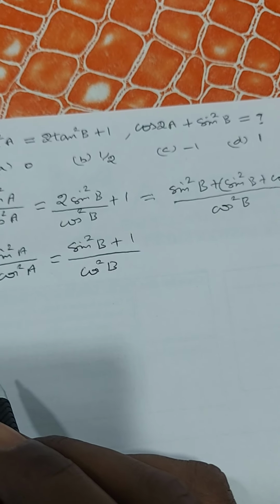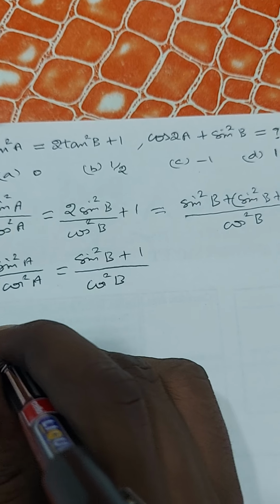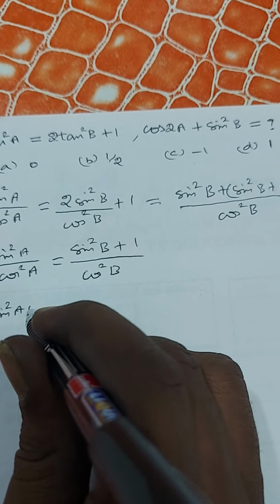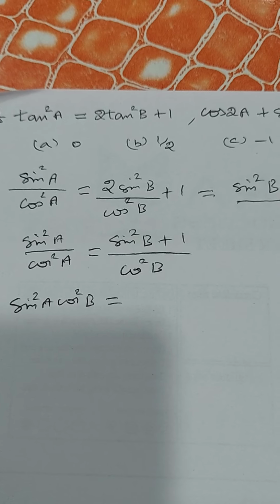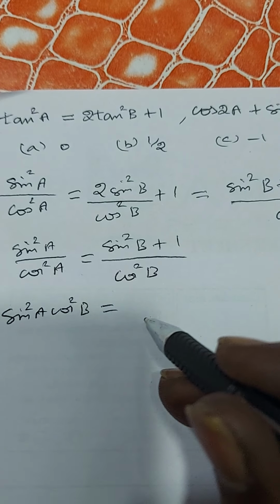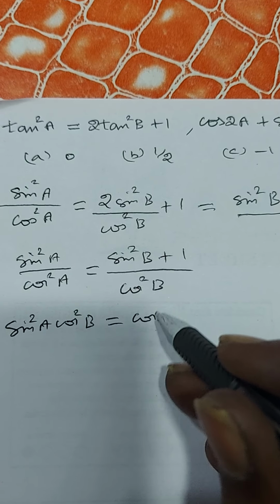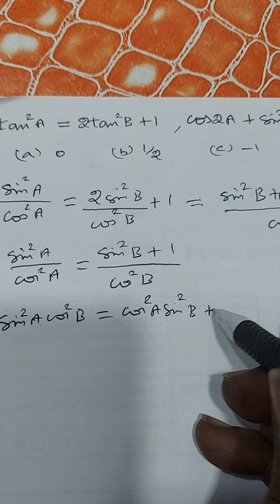Okay, now we can take the cross multiplication. Sin square a into cos square b equals sin square a into cos square b, then cos square a sin square b plus cos square a.